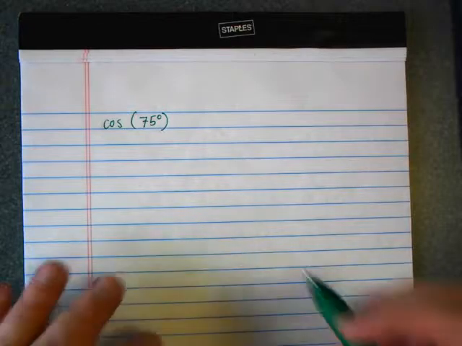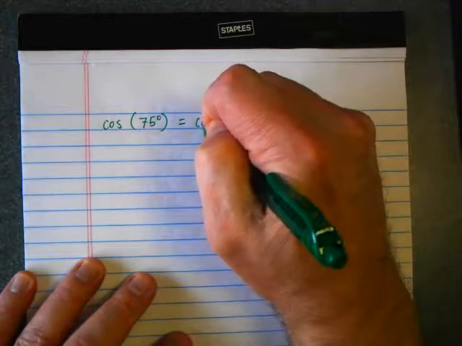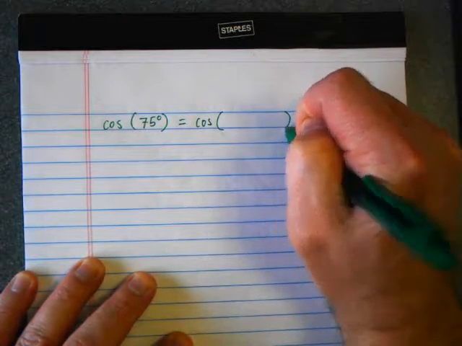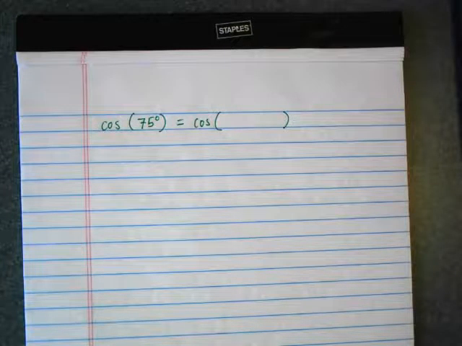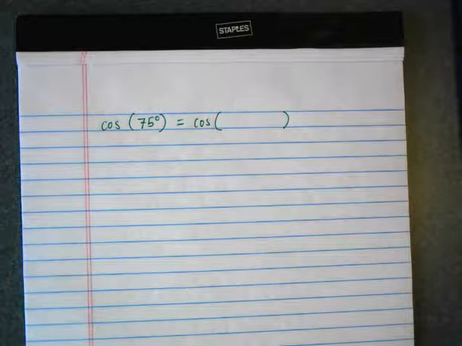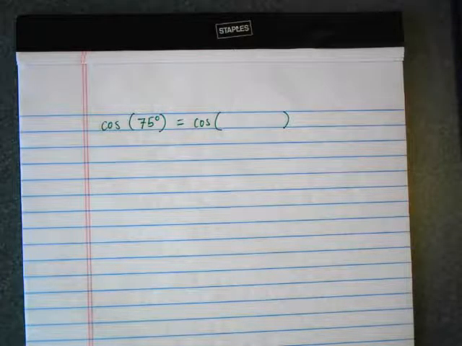75 degrees, is that one of the angles on the chart that you've memorized? No. Can you write 75 degrees using angles in that chart? Possibly. So how can you write 75 degrees? Cosine of 15. I could use 90 minus 15.